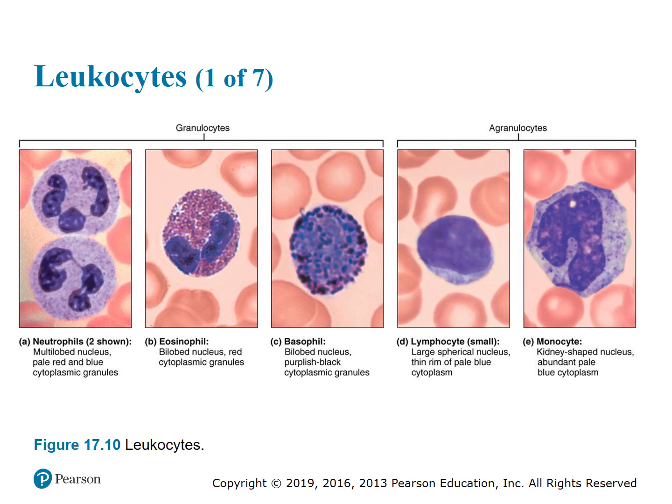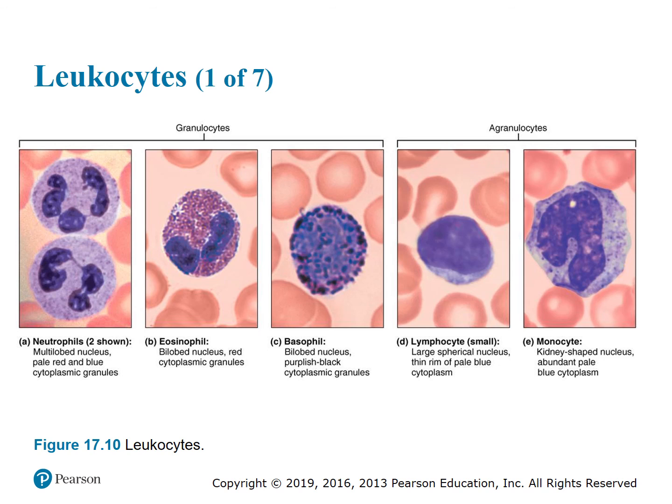Figure 17.10, leukocytes. If you look at the difference between granulocytes and agranulocytes, you notice this difference in texture. Granulocytes appear granular, whereas agranulocytes not really. Neutrophils are characterized by a multi-lobed nucleus, and they have pale red and blue cytoplasmic granules.